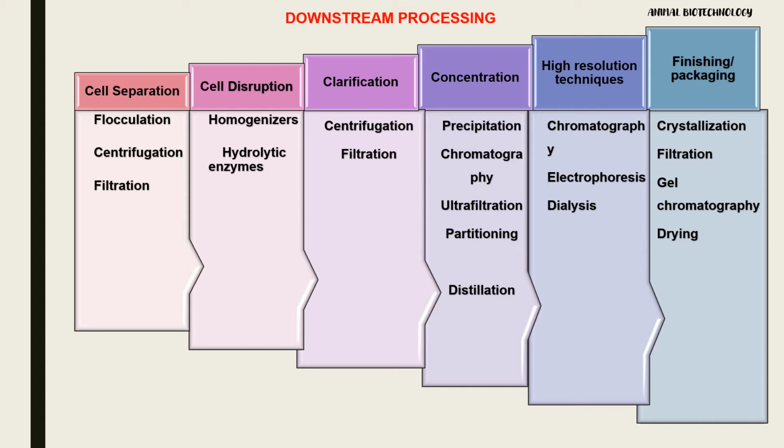It could be by means of precipitation, different chromatographic techniques, partitioning, distillation, or ultrafiltration. After the product is concentrated and highly purified, finishing and packaging of the end product is done by means of crystallization, filtration, and drying.